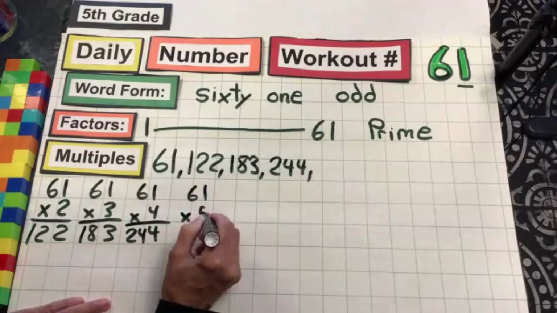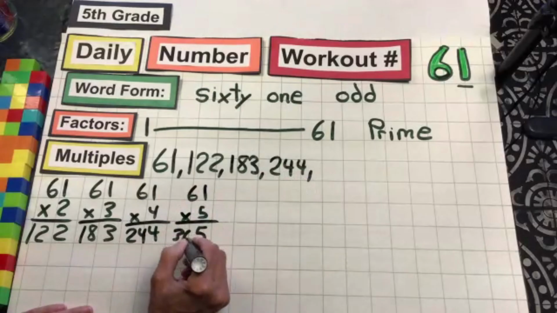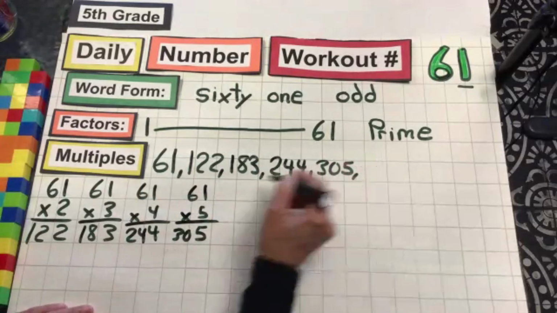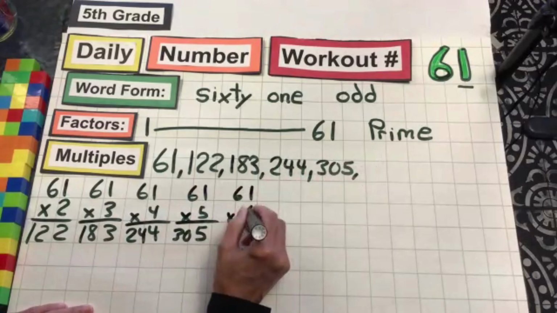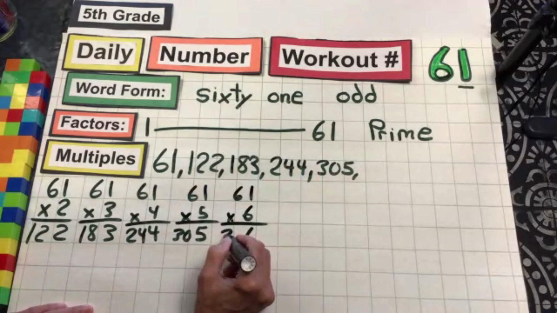61 times 5. 5 times 1 is 5. 5 times 6 is 30. 305. 61 times 6. 6 times 1 is 6. 6 times 6 is 36.